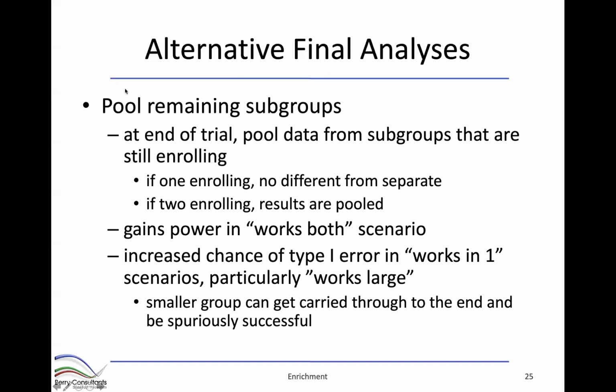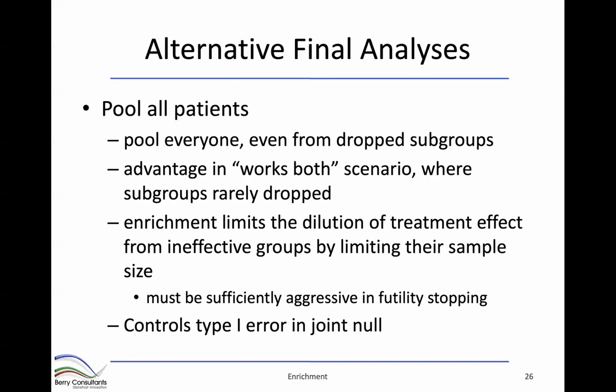In terms of all the medical and clinical aspects of this, pooling the remaining subgroups probably makes more sense. But this has some advantages, and it can sometimes smooth regulatory interactions, for example, because of that control of type 1 error. So this is a possibility as well.